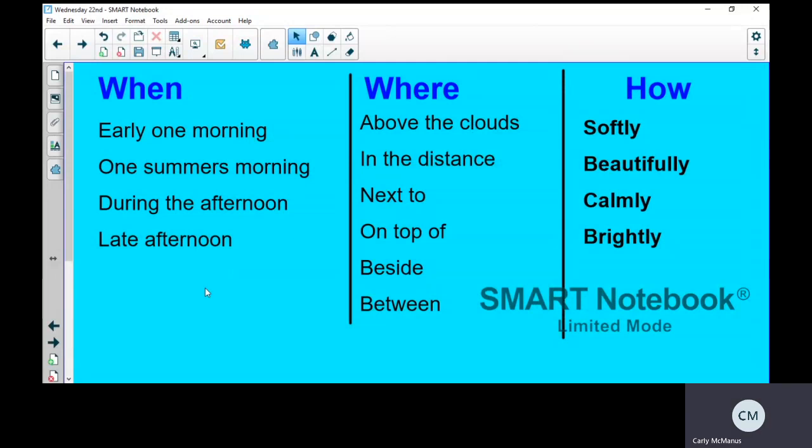But just remember that when is telling you when, what time of day, what type of season it might be. The where, I looked at where things were in the picture, and the how something is being done. So just spend a few minutes collecting those ideas, because these are going to be what you need to help you with your sentences today.